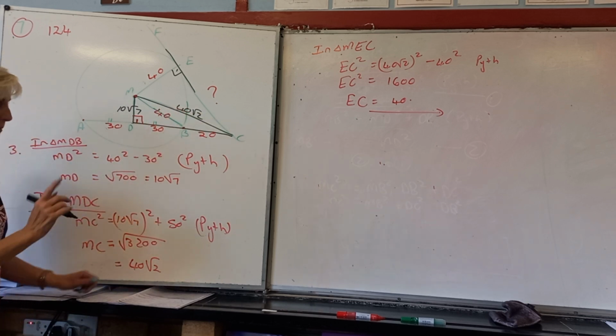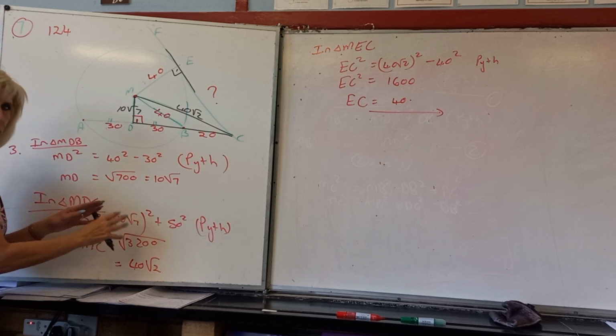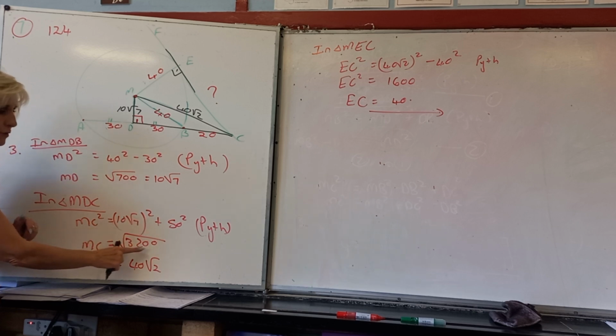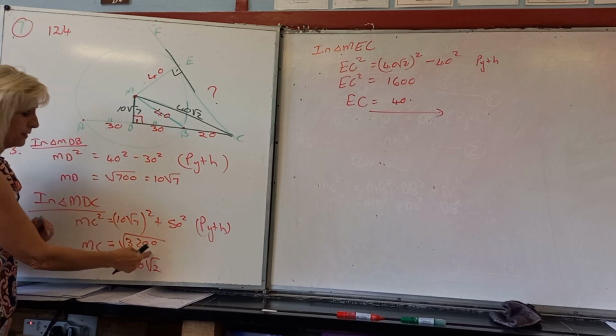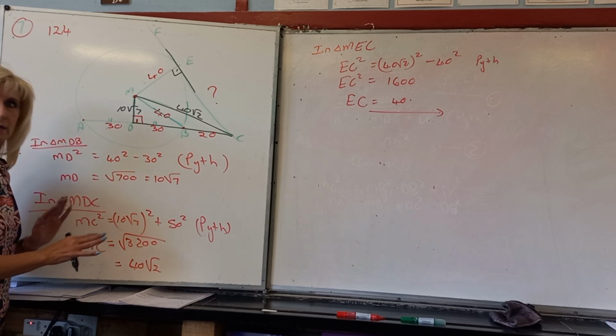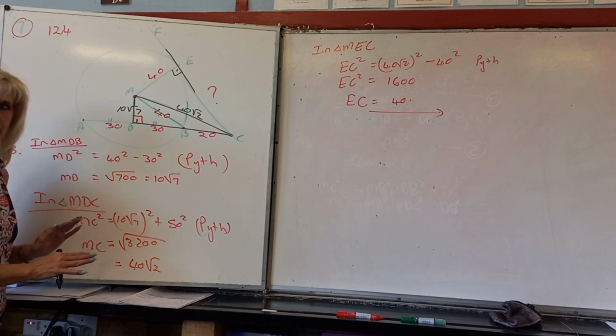Square that, please don't get confused. Put it into your calculator. If you had to do it with your own brain, root 7 times root 7 is 7. 10 times 10 is 100. 100 times 7 is 700, and that's 2,500. That does give you 3,200. Test your brain a little bit when you're at home, but in a test, you do everything with a calculator, even 2 plus 2.